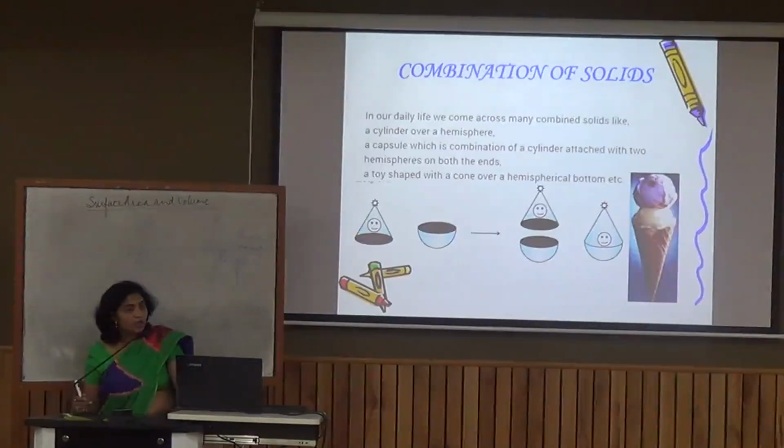You can see the figure. Then we have a toy shape with a cone over a hemispherical bottom. So you can see in the figure there is a hemisphere and a cone attached to it, and we get a toy or ice cream cone. So there is a conical shape and a spherical shape combined.